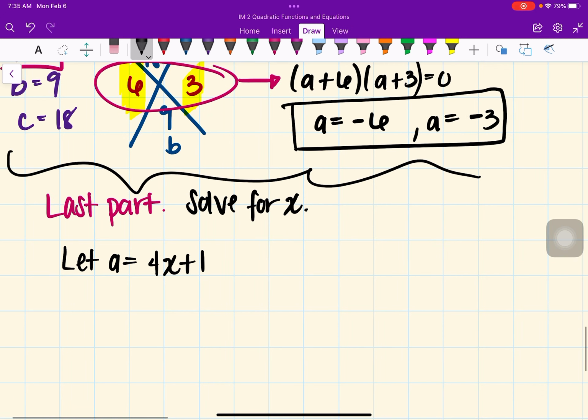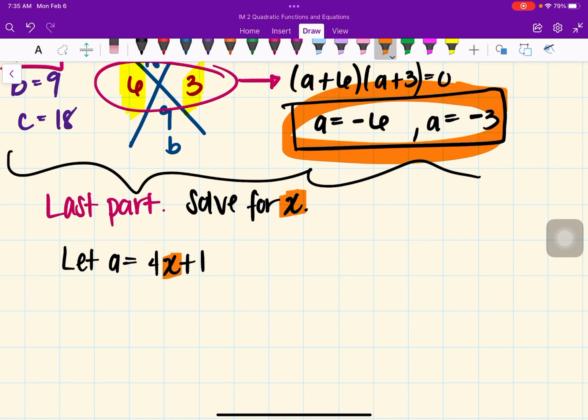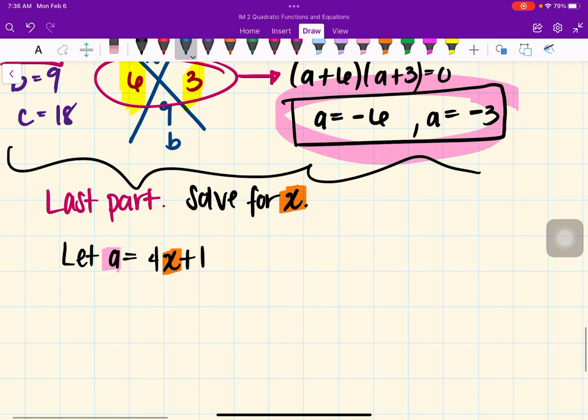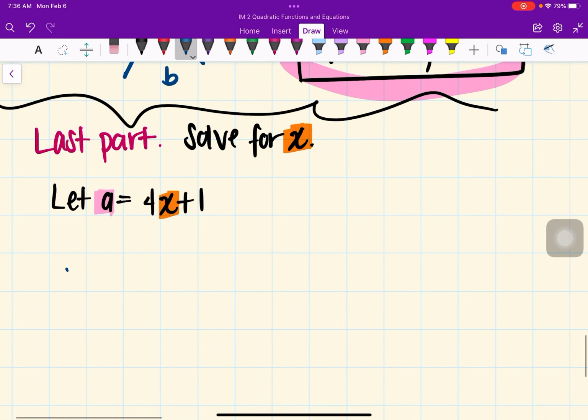Now, in order for us to solve for x, we need to choose one of these two values to substitute into here. It doesn't matter which one you choose. You just need one of those values to give you a solution. So let's say I were to choose a equals -6, actually.